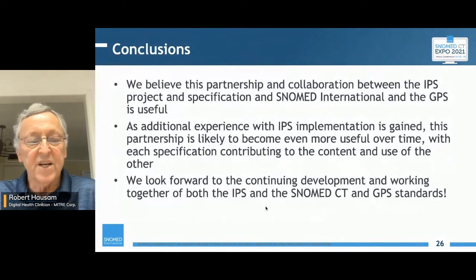And we expect that each specification will be able to contribute to the content and use of the other. So a very nice synergy and partnership. And so with that, we look very much forward to the continuing development and working together of both the IPS and the SNOMED CT and GPS standards.